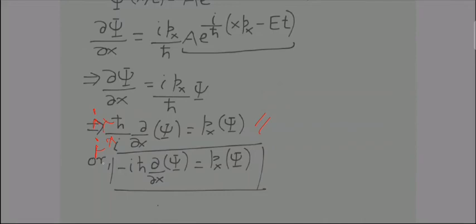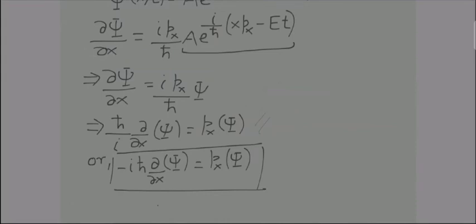So i into i will become minus 1 in the denominator, and in the numerator i will come. So i h cut del by del x psi equal to px psi, right?